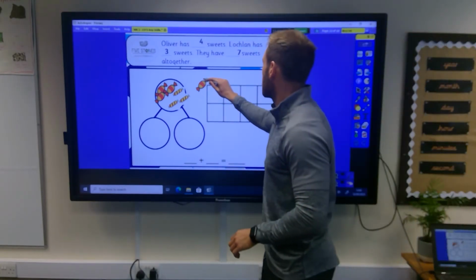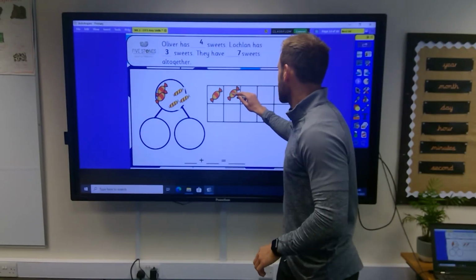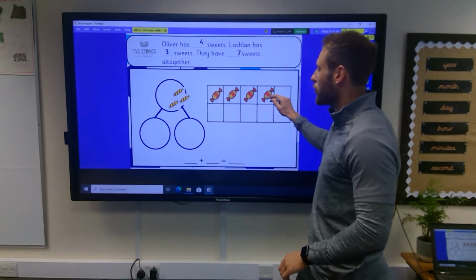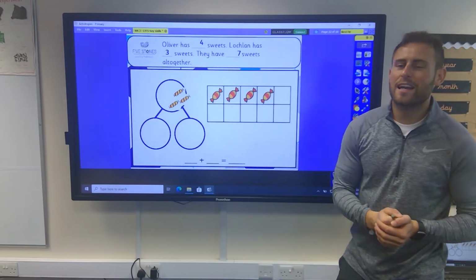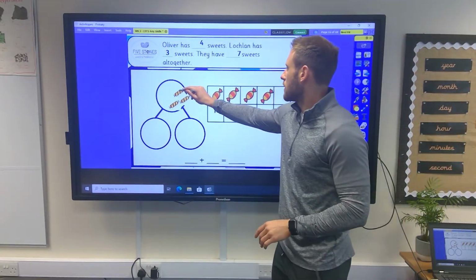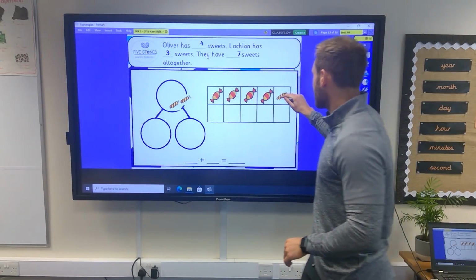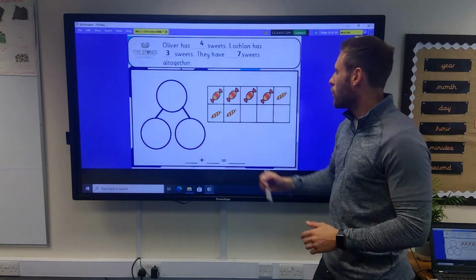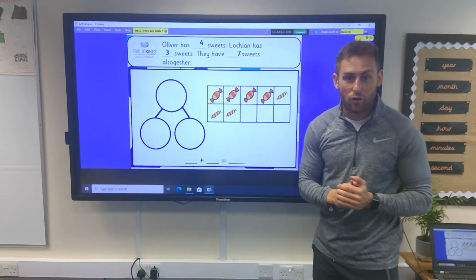Perfect, thank you. 1, 2, 3, 4. You are right, that's what 4 looks like in our tens frame. So Oliver has 4 sweets. Lachlan has 3. And now we can see how many they have altogether.